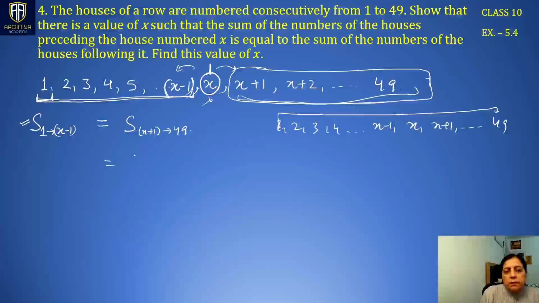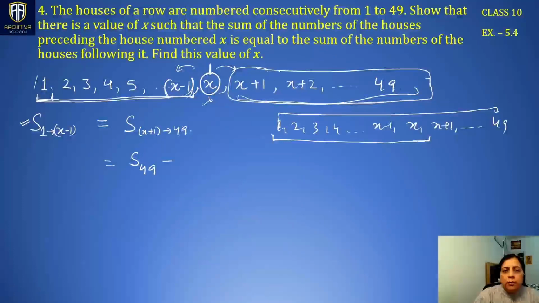This whole sequence gives us the sum of all the 49 terms from 1 to 49, represented by S of 49 terms. We cannot take the sum from the middle of some sequence, so I'm writing it in terms of the sum from the beginning of the sequence.